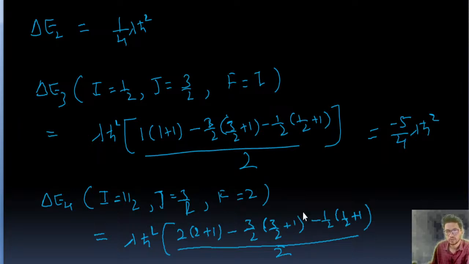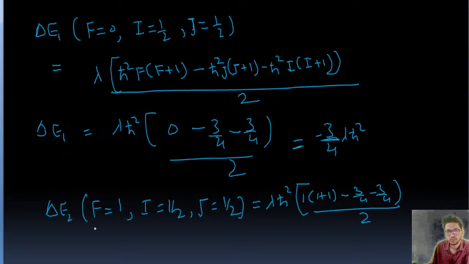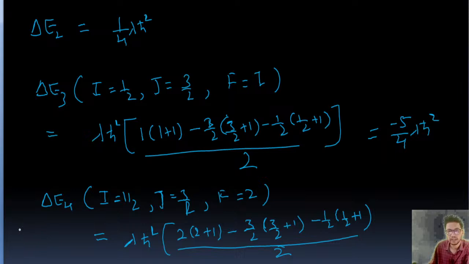If you solve it, delta E4 is going to be 3 by 4 lambda h cut square, right? So for p orbital state we have 4 energy levels, delta E1, delta E2, delta E3 and delta E4.